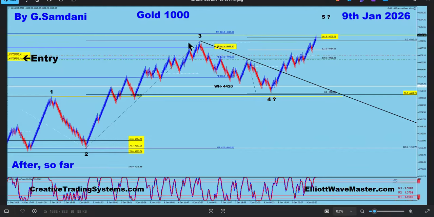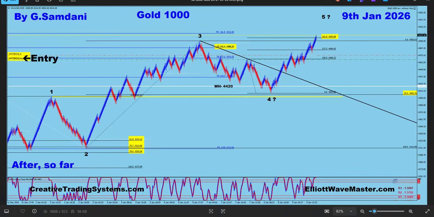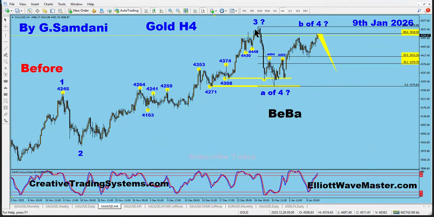See that 1, 2, 3, and then 4, and then 5. So if that's the case, then we're going to drop, or maybe this is just like A and B and C and D or whatever. So time will tell, right? If we go more to the upside and take out the previous high, the actual high, then the high of, let me see if I can go there, the high of this, right?